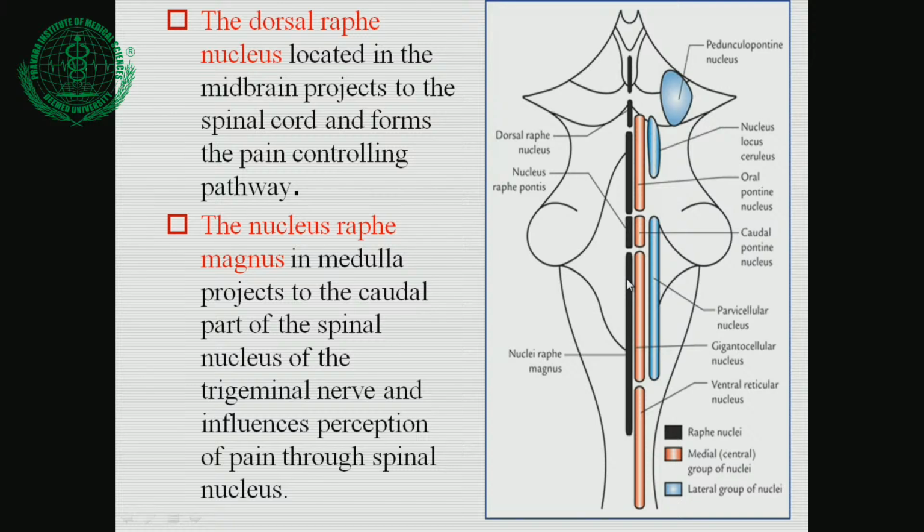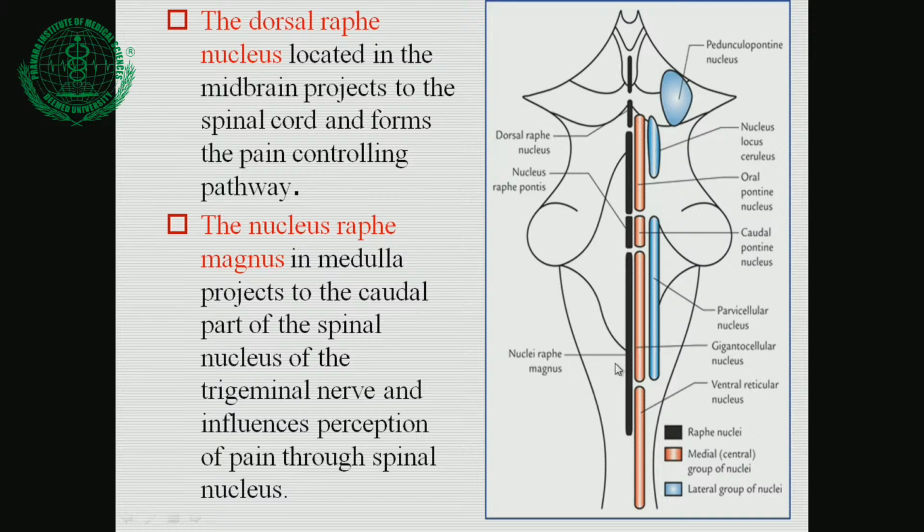Second, nucleus raphe magnus. This is the second nucleus, in the medulla, projecting to the caudal part of the spinal nucleus of the trigeminal nerve and influencing perception of pain. Here the dorsal raphe nucleus consists of the pain controlling pathway. It influences perception of pain through the spinal nucleus.